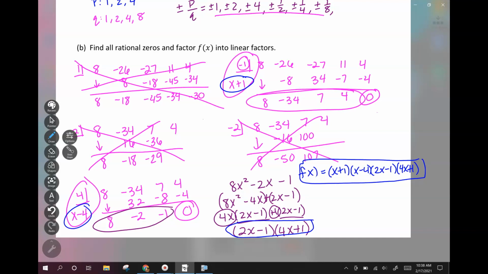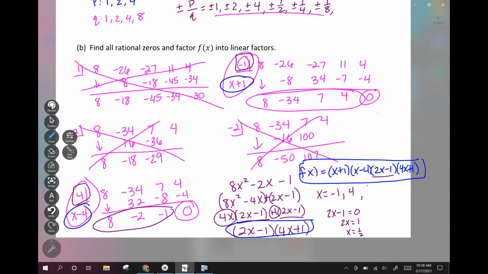Now to get the zeros, well, we've still got -1 and 4, right? And that is coming from both of these factors. So x equals -1 from the x plus 1, 4 from the x minus 4. Now for the other two, you would set the factors equal to 0 and solve for x.